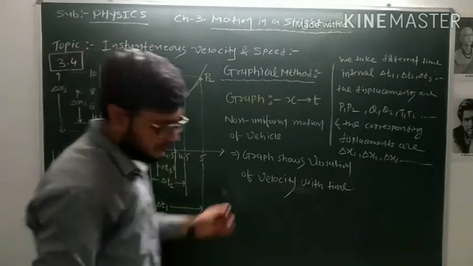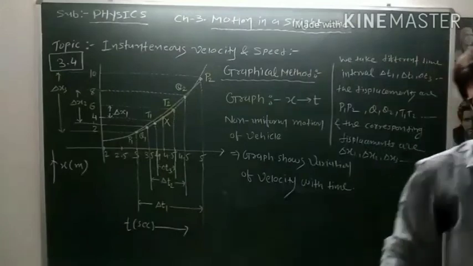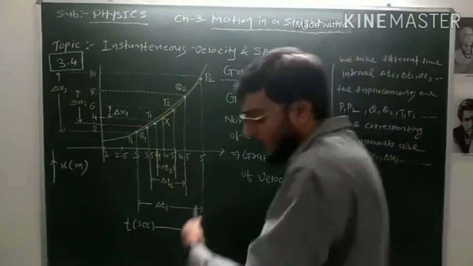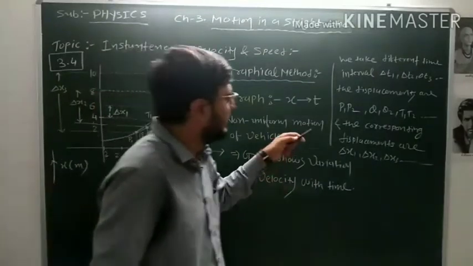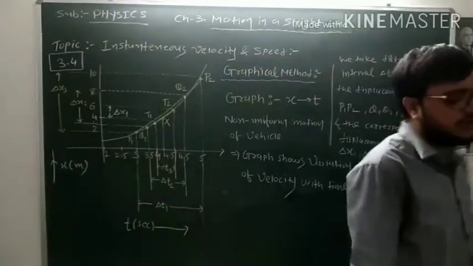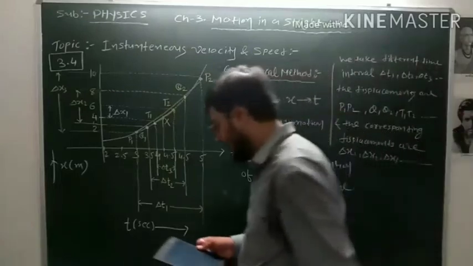This way we can define the different time intervals and corresponding displacements, that is P1, P2, Q1, Q2 and T1, T2, then delta x1, delta x2 up to delta x3.